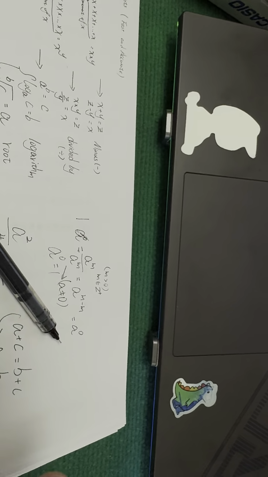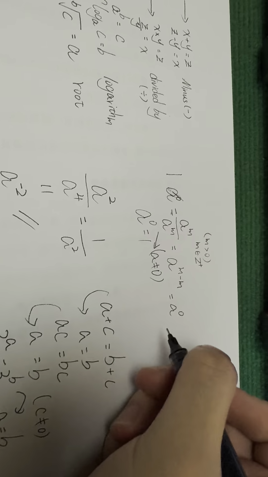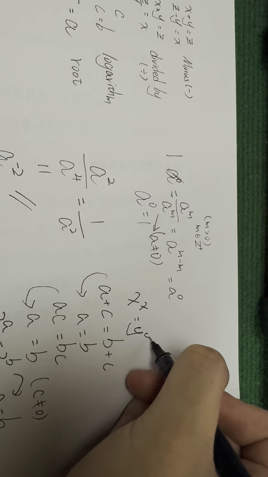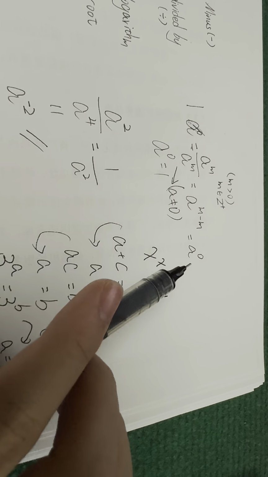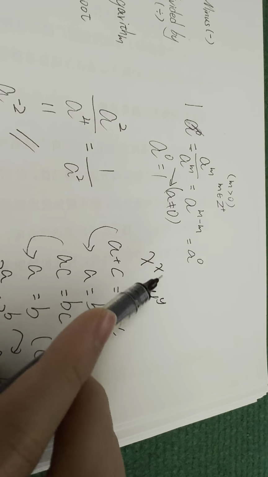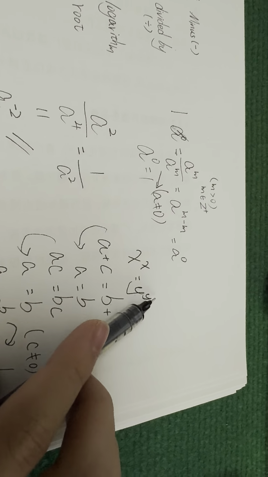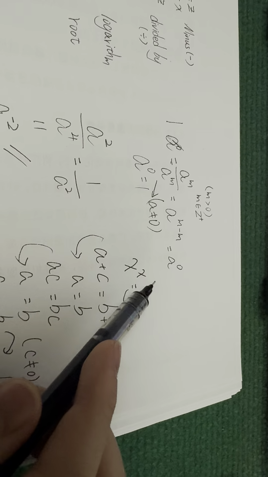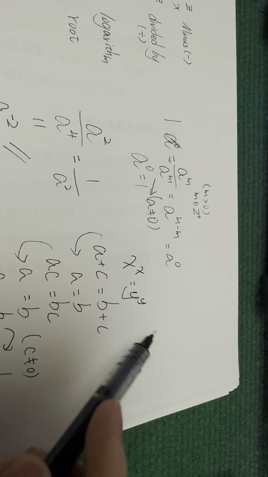But not every time we can do it. For example, we know that if x equals y, obviously both sides are equal, but it does not mean that if x to the power of x equals y to the power of y, then we can prove x equals y.